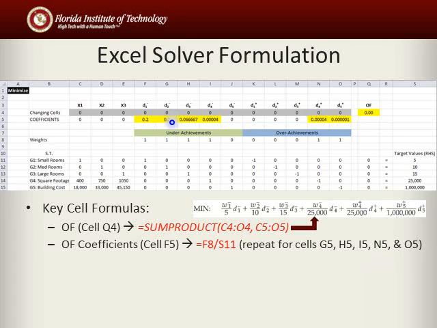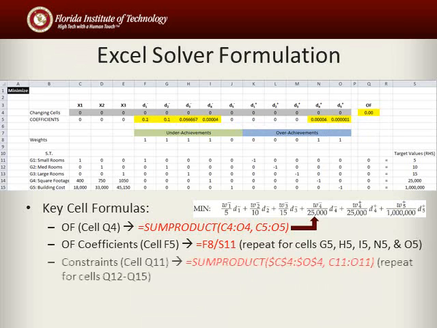So for d2 it's going to be 1 over 10, for d3 it's 1 over 15, and for d4 it's 1 over 25,000. Notice it's the same coefficient for d4 minus and d4 plus. And for deviation 5, it's 1 over $1 million. So that's how we calculate the coefficient rho here.